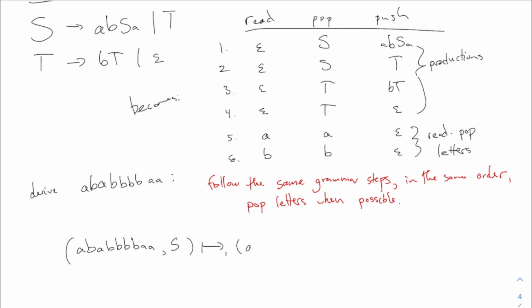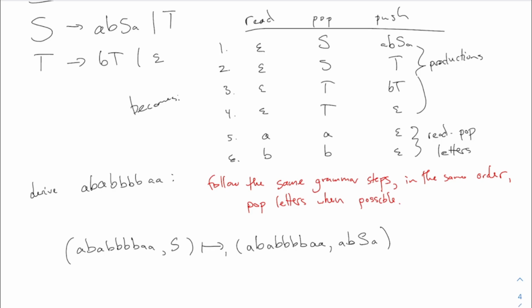This is an epsilon read, so the big string stays like it is. Do not change the string. But the stack changes. Instead of S, it is now ABSA. All right, that was rule number 1.